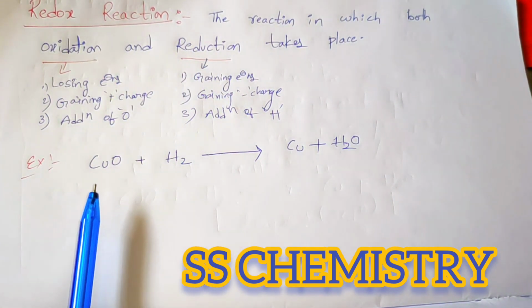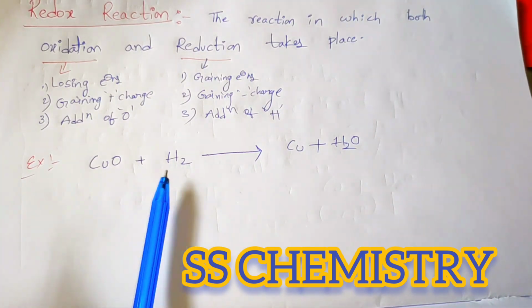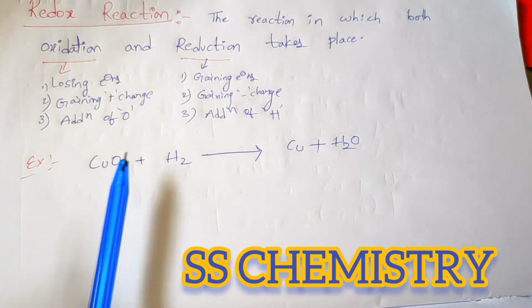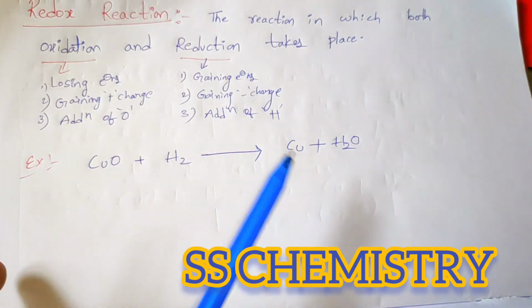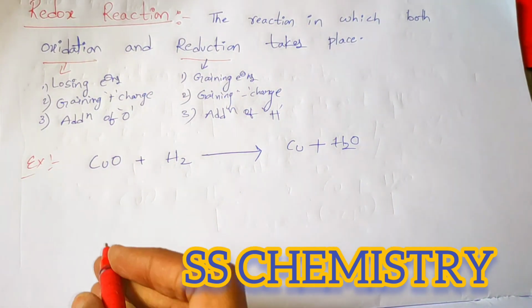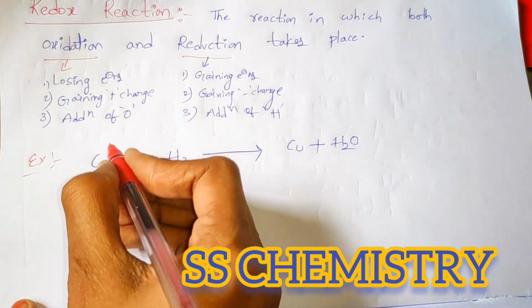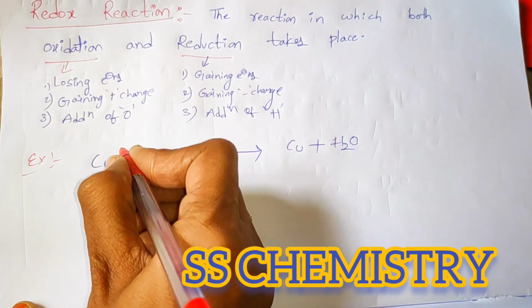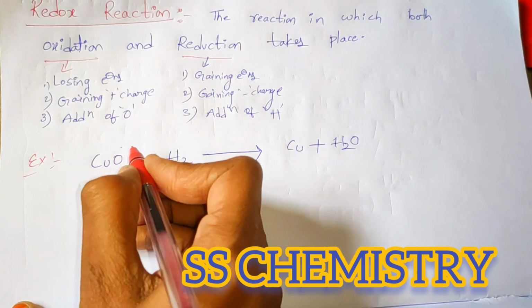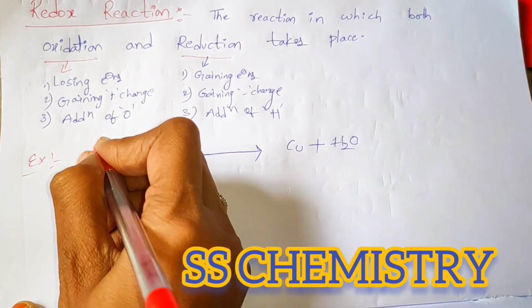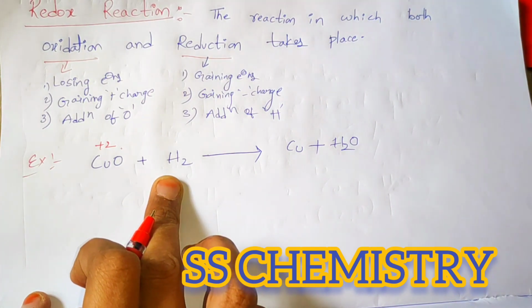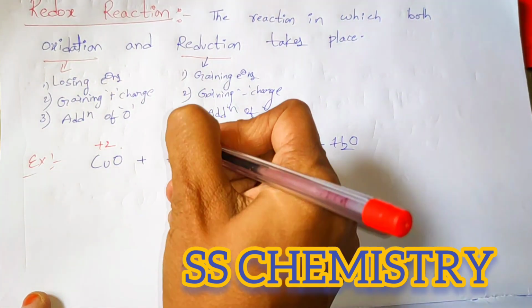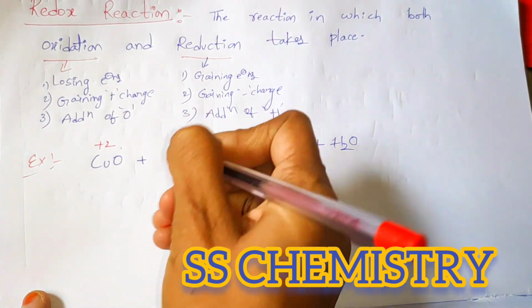First let us discuss the oxidation states of each and every atom or molecule. Copper is a metal, we know that. Here oxygen is having -2 charge, so copper is having +2 charge. Hydrogen is present in elemental state, so its charge is 0.